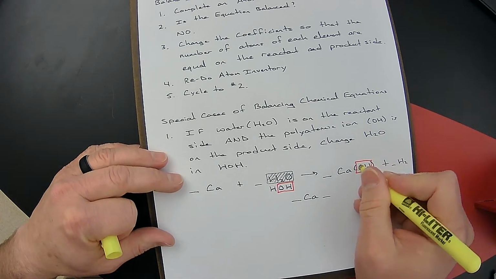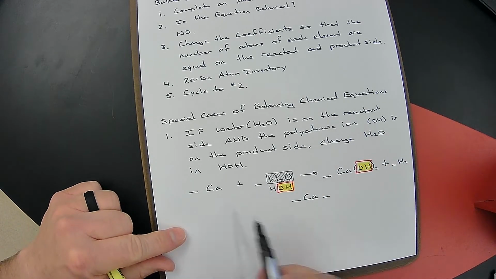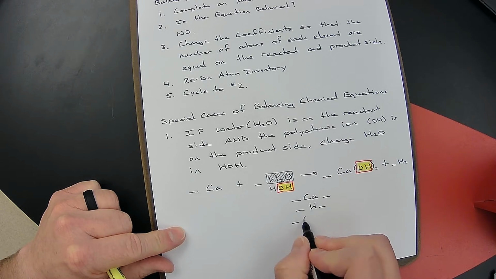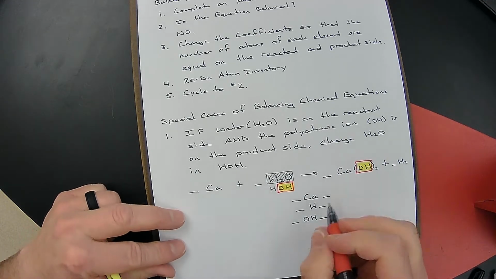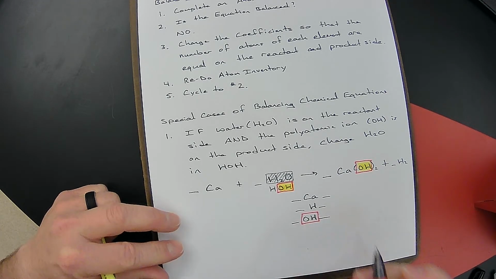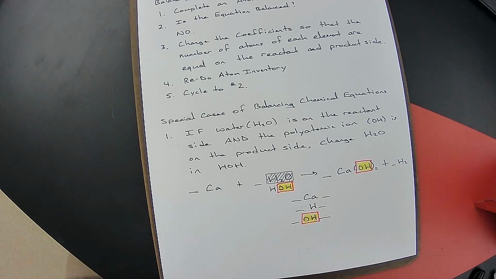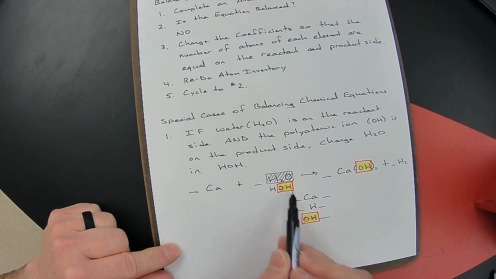So when we list our atom inventory, we're going to list Ca, we're going to list H, and we're going to list the group of atoms OH together. Right now, it will probably seem like, man, this is a lot of work and more complicated than just counting the individual atoms. But it turns out in many cases this really makes it easier to solve the equation. So notice there's H individual, but there's also a group of OH.